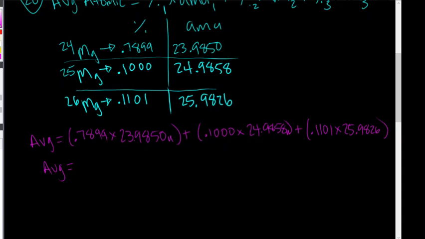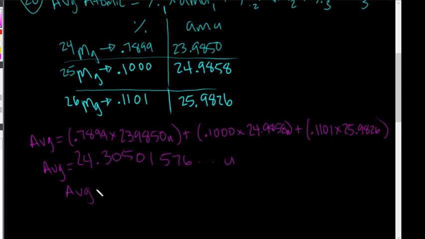That gives me 24.30501576, blah, blah, blah. All of these have 4 sig figs, but for some reason your choices have 5 sig figs, so we're going to round to 5.